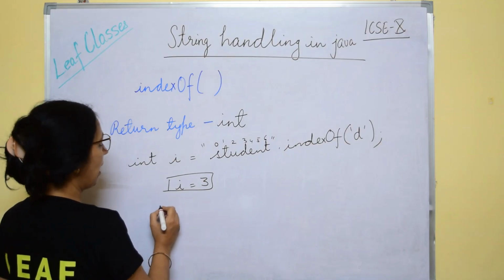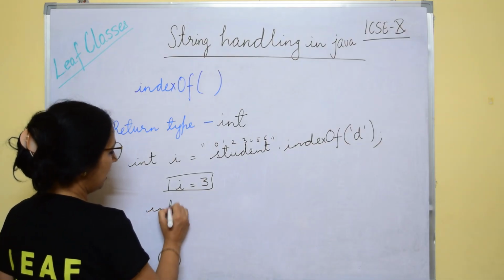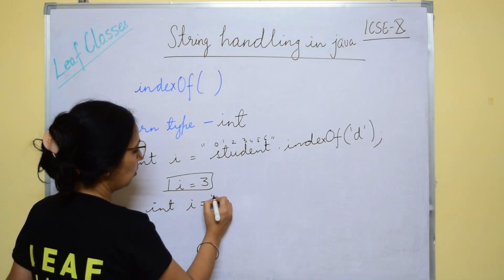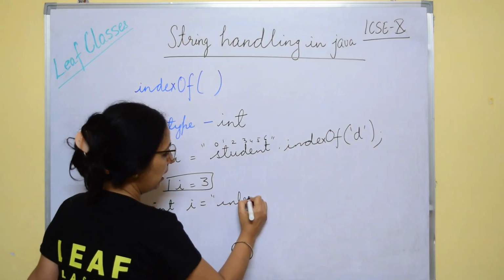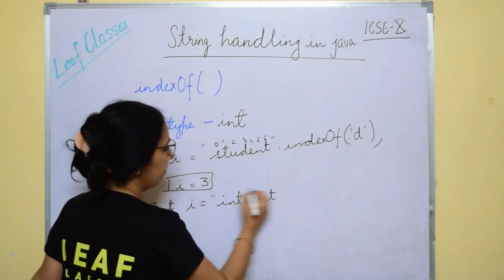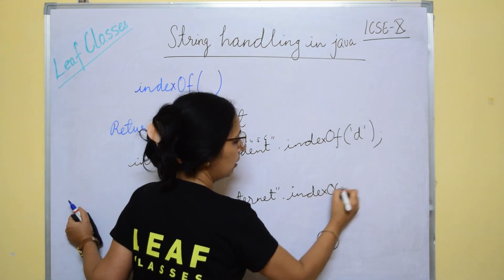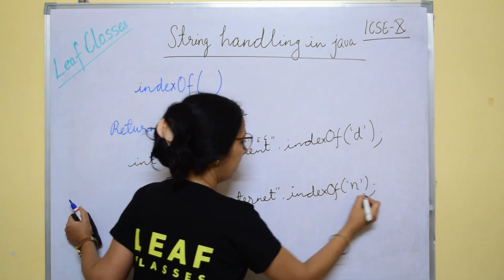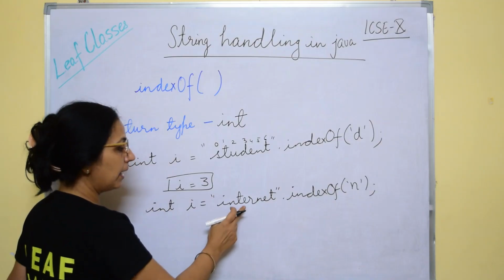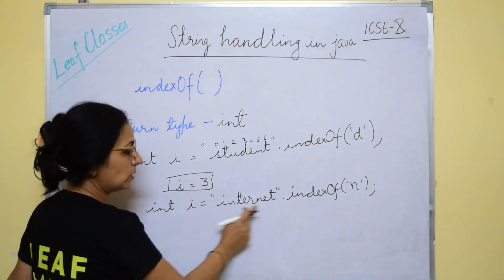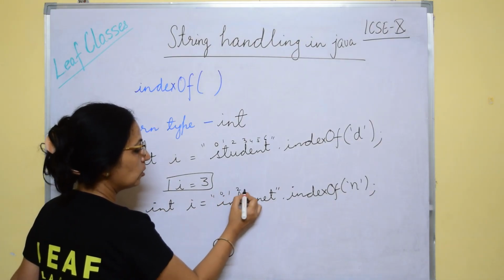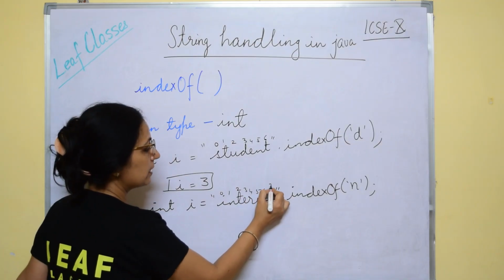For that you have to give int i equals "international" dot indexOf n. Now n is appearing here two times: 0, 1, 2, 3, 4, 5, 6, 7.